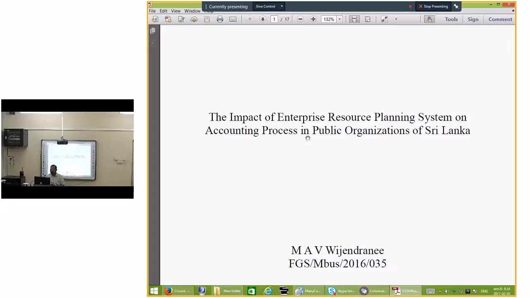Therefore there should be some objectives introduced before introducing this ERP system to the Petroleum Corporation. Otherwise, they don't provide that information. There may be some objectives, and previously there may be some weaknesses in the previous system.